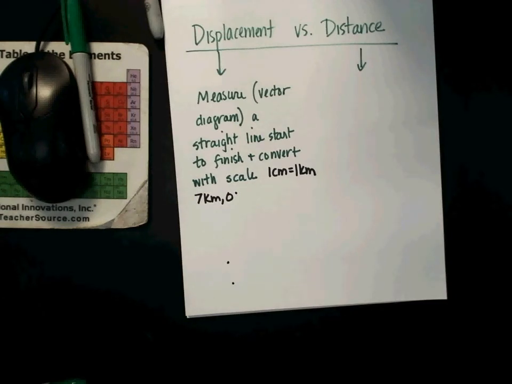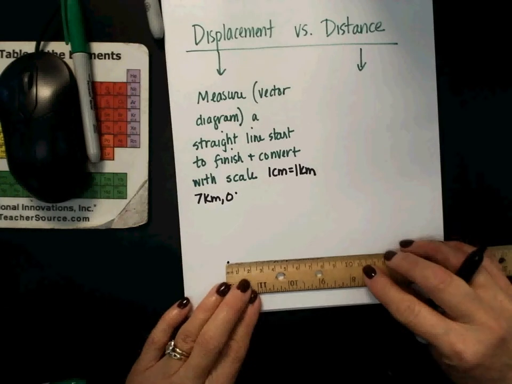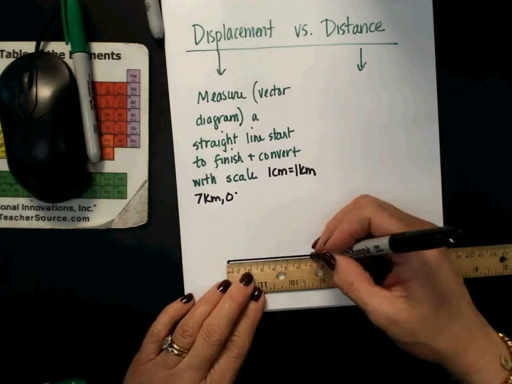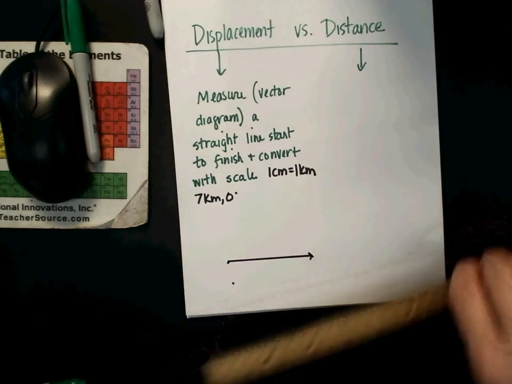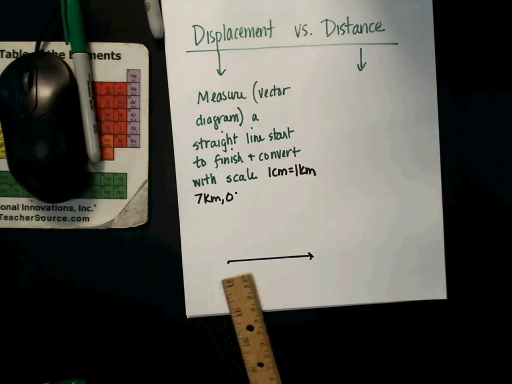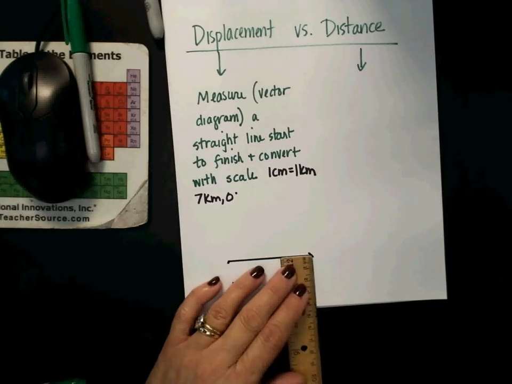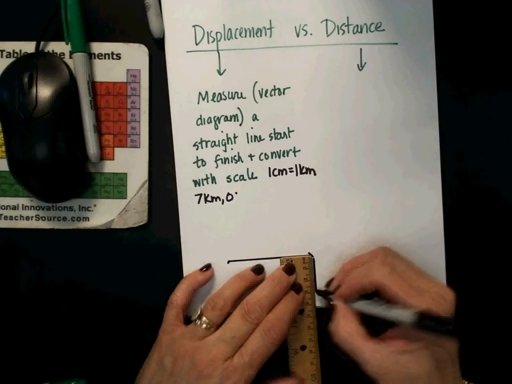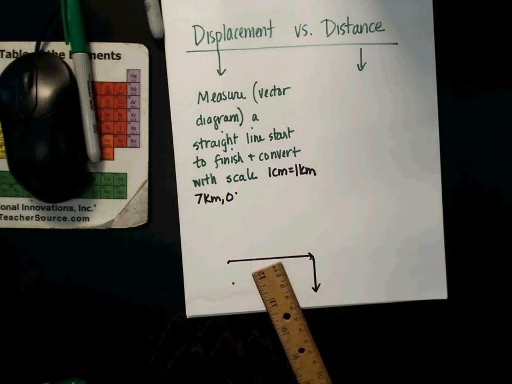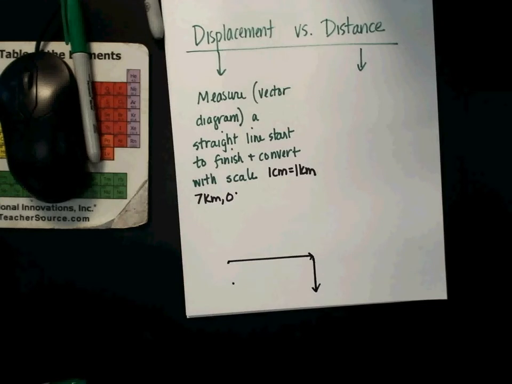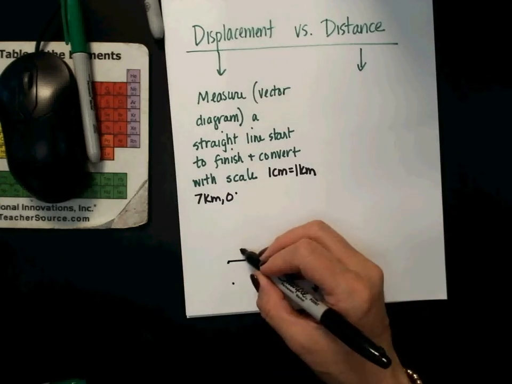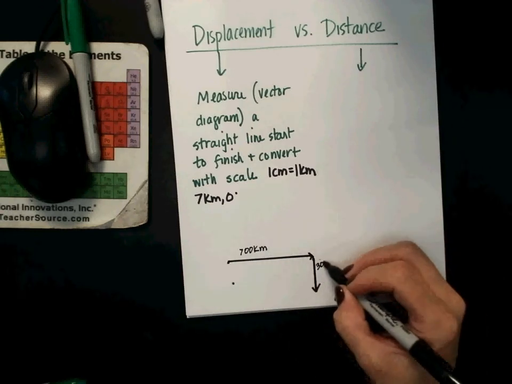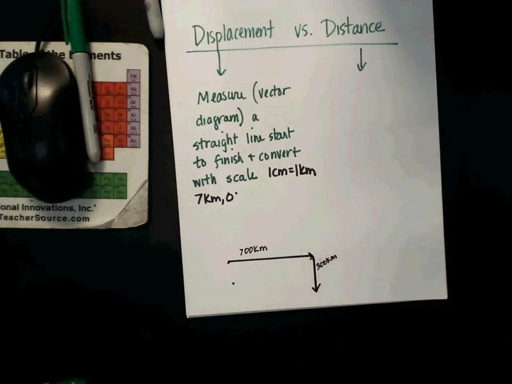Oh, I get the junky ruler. Okay, then we're going to turn and go 3 kilometers at 270. So everybody put that in. I'm a little off there, I can tell.